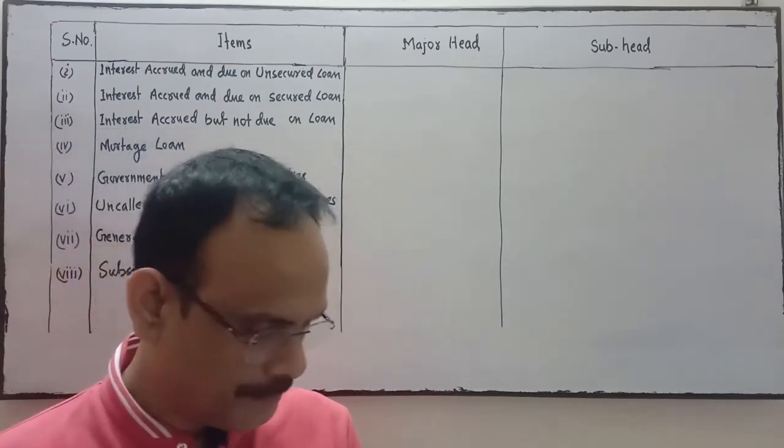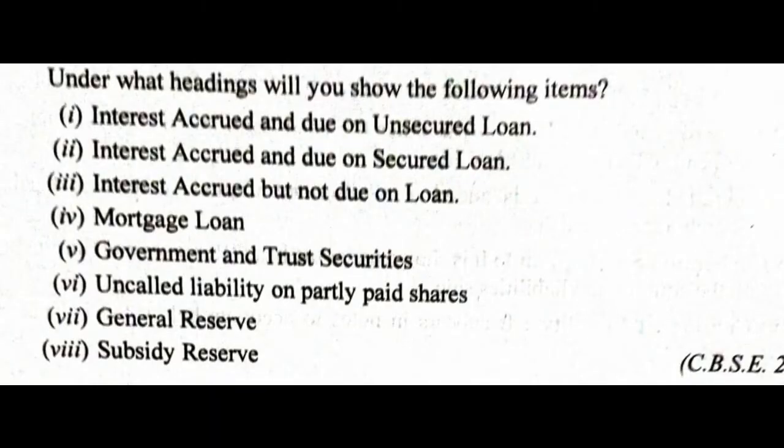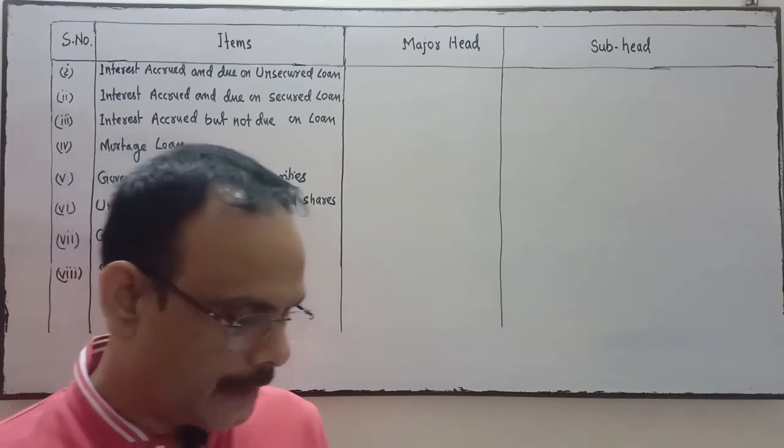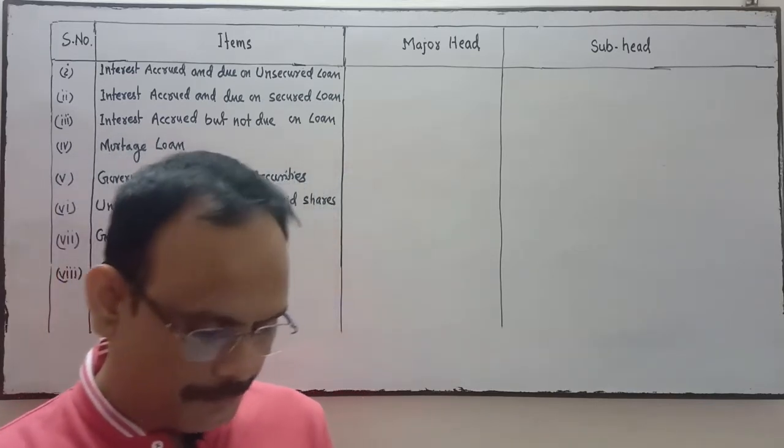The question is, under what heading and subheading will you show the following items?